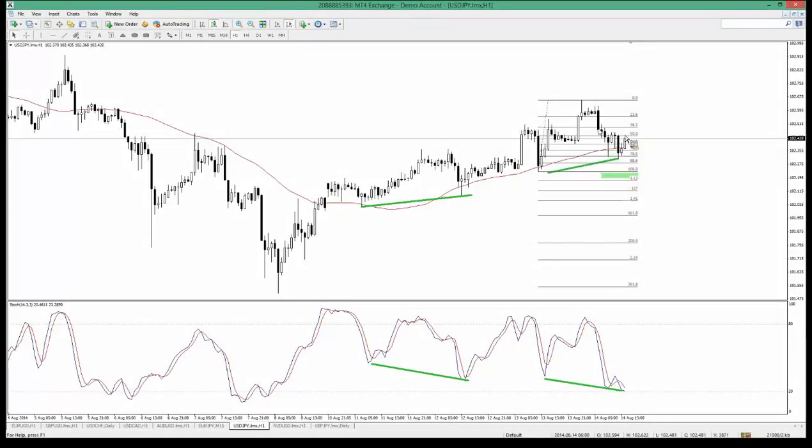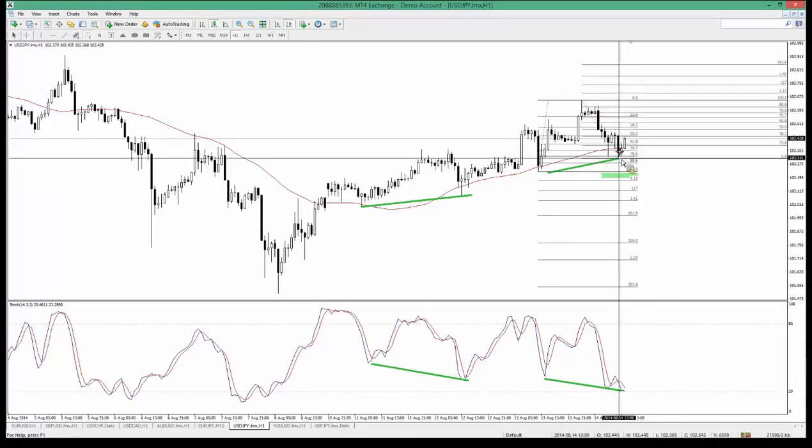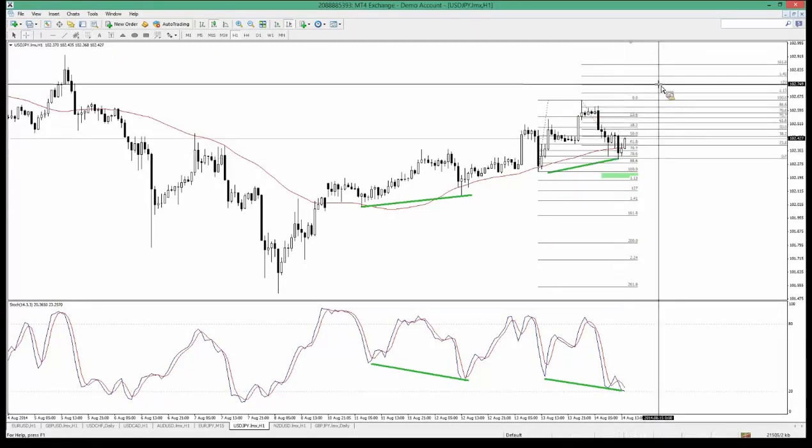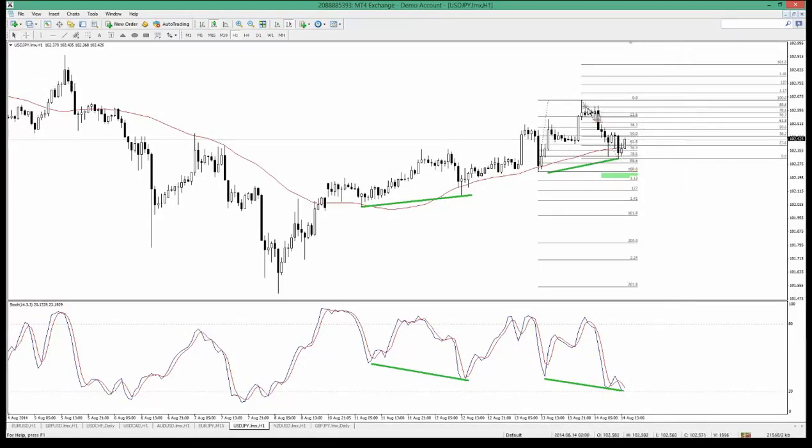And then simply look for extensions, like I showed you guys with the harmonic stuff. A 127 extension would be a good play, or even just take it off at the highs.